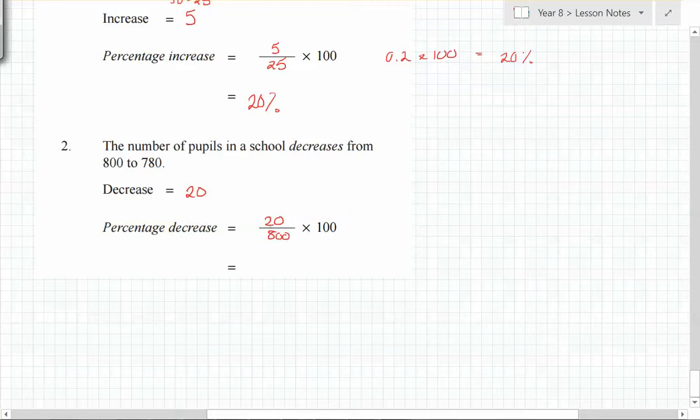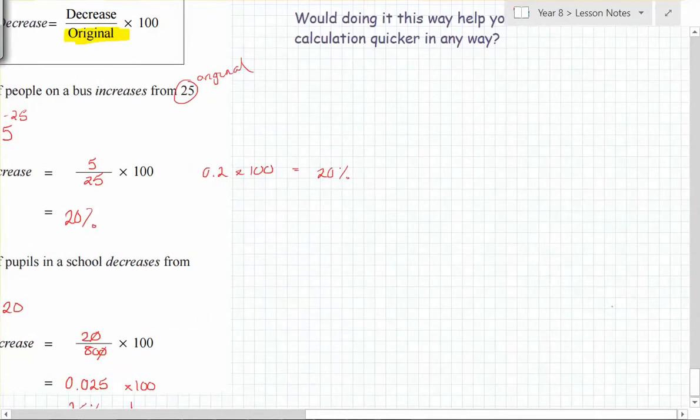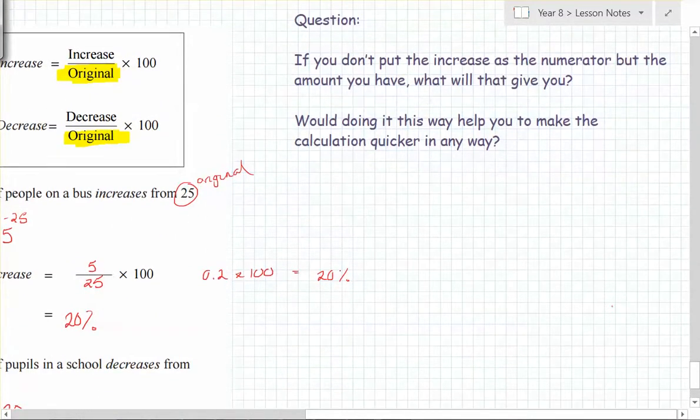So that's 2/80ths. 0.025, and then multiplied by 100 is 2.5%. 2.5% decrease.